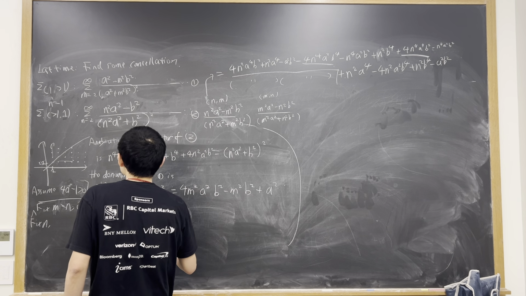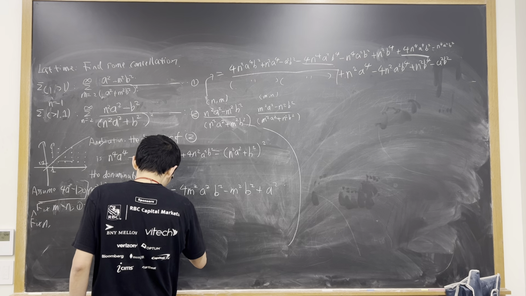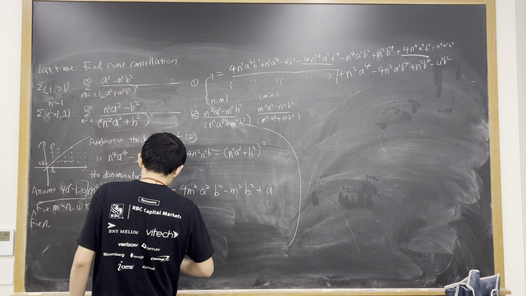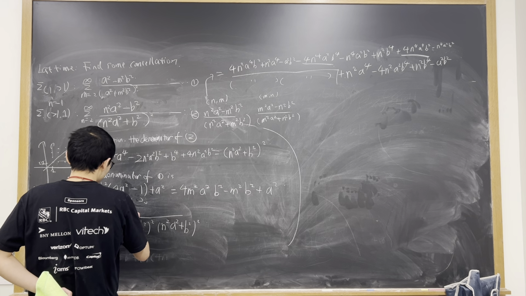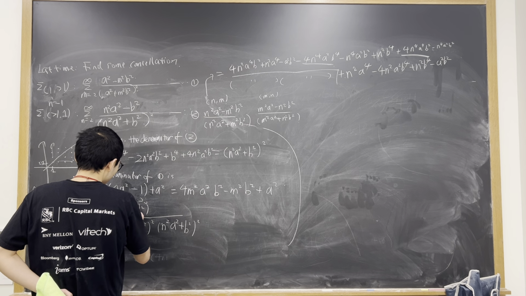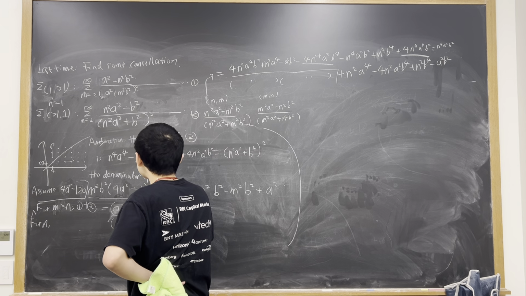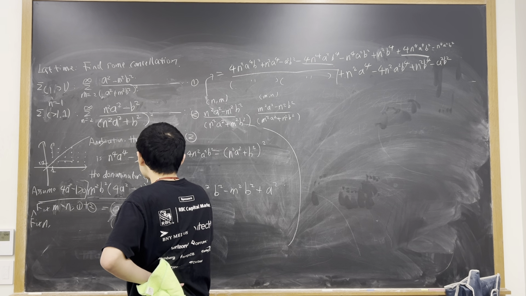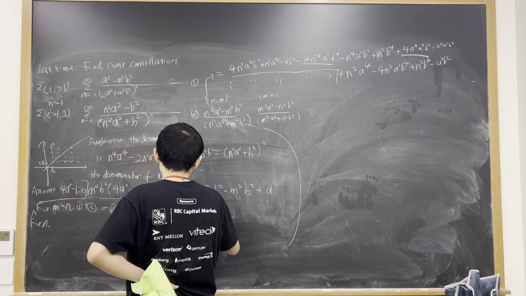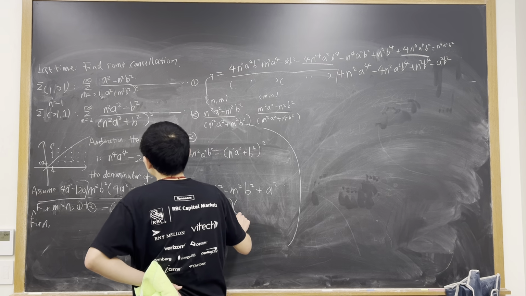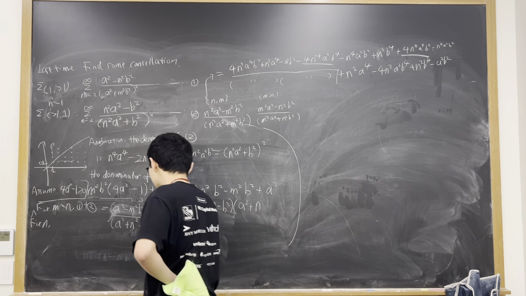Then for the denominator, I multiply the whole thing by n squared a squared plus b squared squared, so a squared minus n squared b squared times n squared a squared plus b squared squared, plus n squared a squared minus b squared times a squared plus n squared. Sorry, it should be n squared.